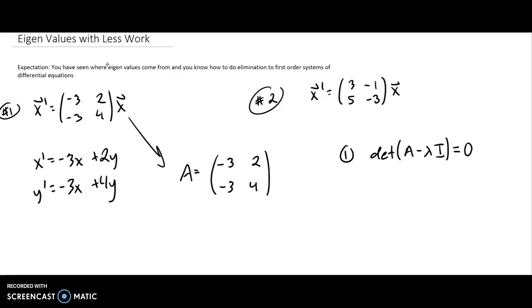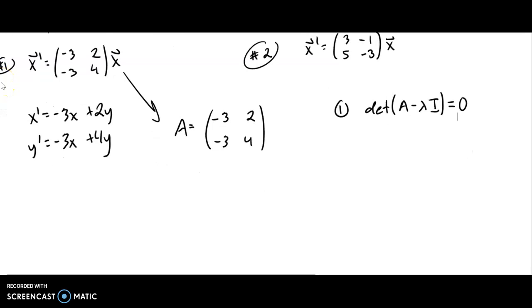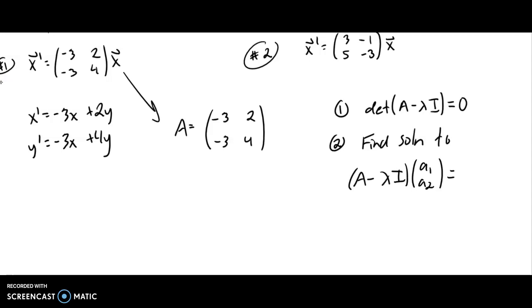And I'll go into some detail about what that means. And then the next thing that we're going to do is to find a solution to A minus lambda I times (a1, a2) equal to the 0 vector. You could write 0 over 0, the 0 vector could be written like this.